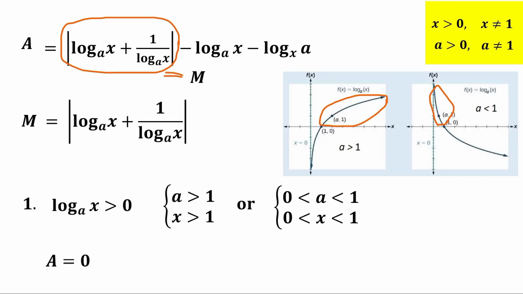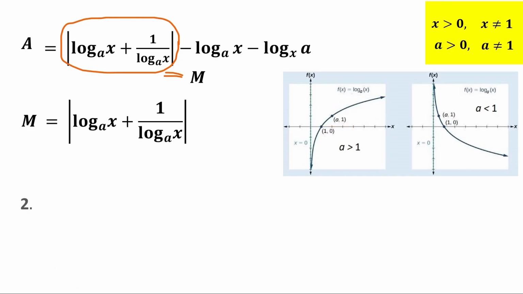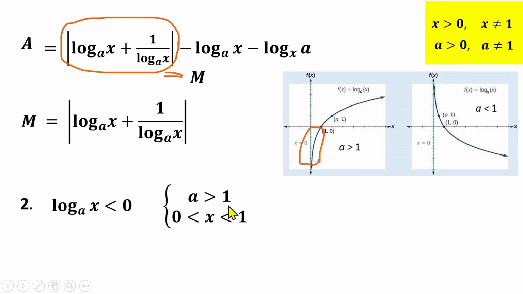Now we consider the second case, when the logarithm is less than 0. For the case a greater than 1, this happens here. So for a greater than 1, x from 0 to 1.